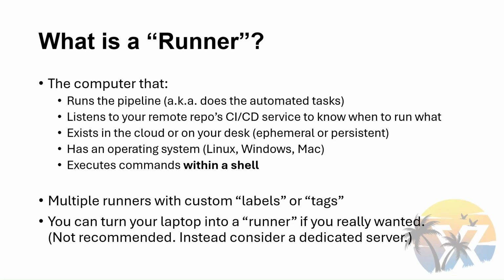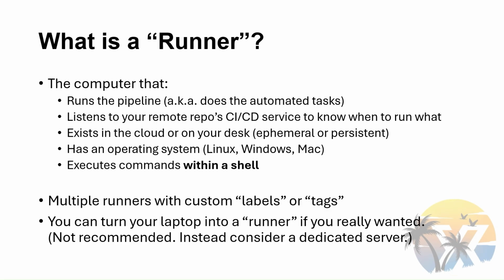When we said before that a pipeline is a chain of automated tasks, the runner is the thing that does the automated tasks. It's the computer that gets run. So like I said, it listens to your remote repo CI/CD service to know when to run what. So it has to be connected to your service in order to receive those events.